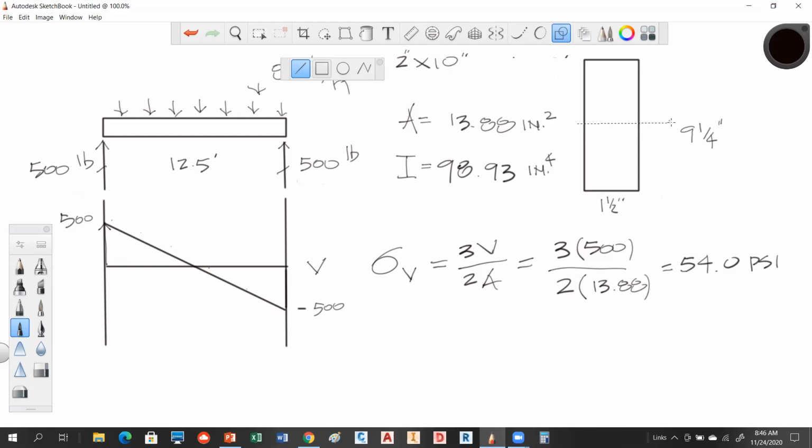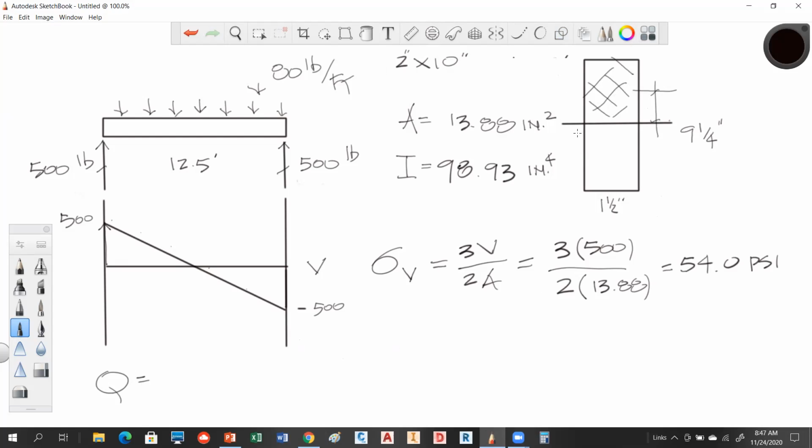We have to use, there's my neutral axis. First off, we're going to have to solve Q, that static moment of area. So Q is this area right here times the centroidal distance from the neutral axis to the centroid, okay?